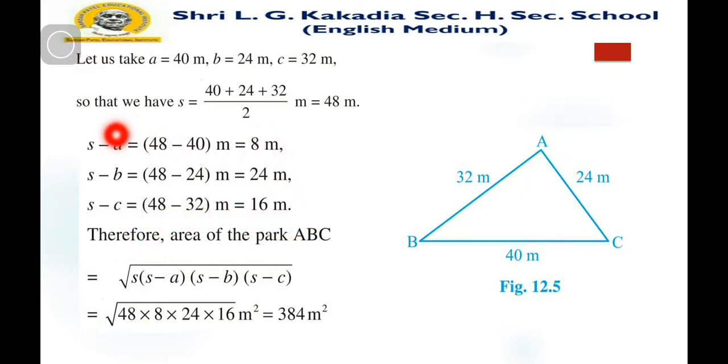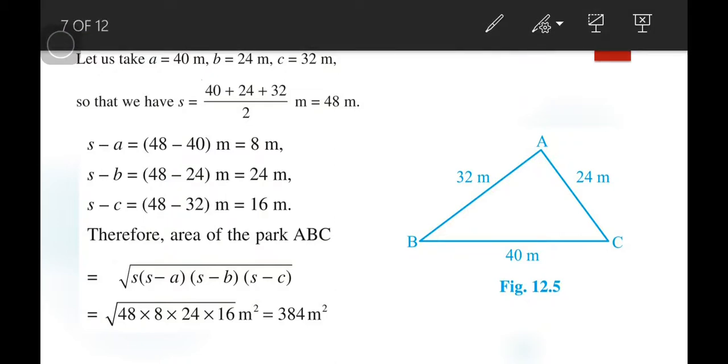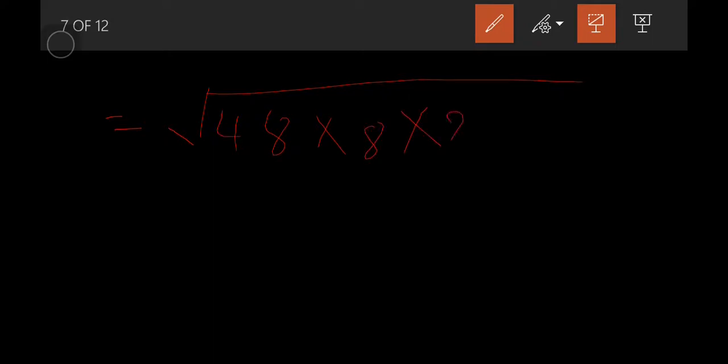So we have these three brackets. Therefore the area of triangle ABC is equal to the square root of S into S minus A into S minus B into S minus C, which is equal to the square root of 48 into 8 into 24 into 16 meter square.